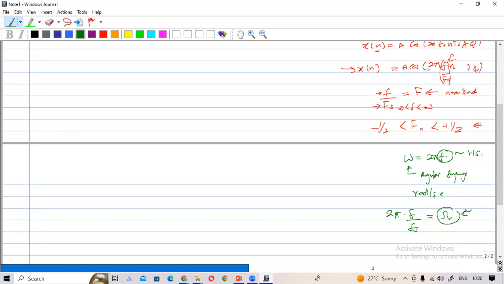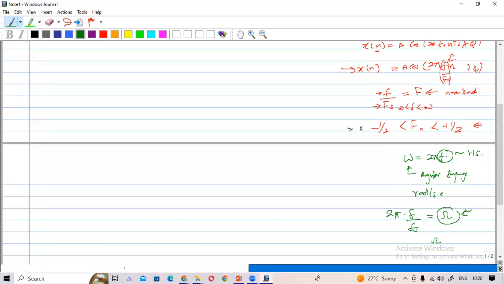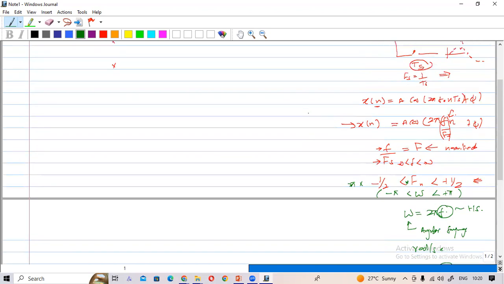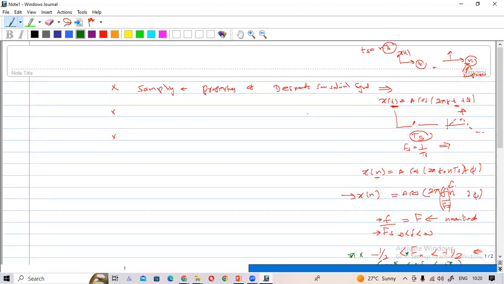So you have to multiply this by 2π, this also by 2π, this also by 2π. So this will be the normalized omega, the normalized angular frequency, and it is between minus π and plus π. We have discussed these things. So that is one property. I just remind you.